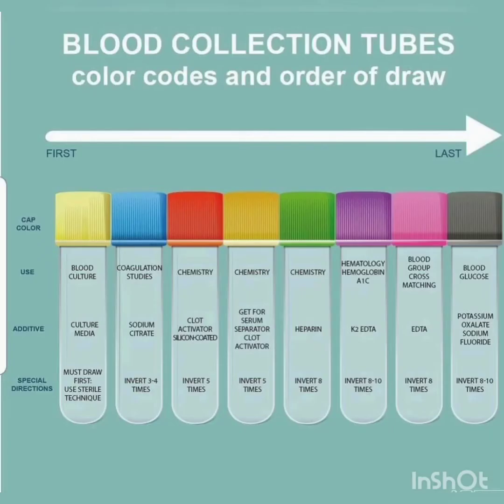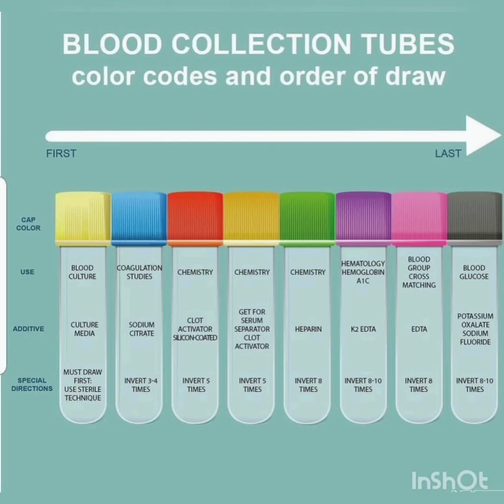So this is the order of draw, and these are all the kinds of additives which we use, why we use them, and how many times we mix the sample. So the first thing you have to remember is order of draw. And the second thing is the additives, in which vacutainer which additive we are using.